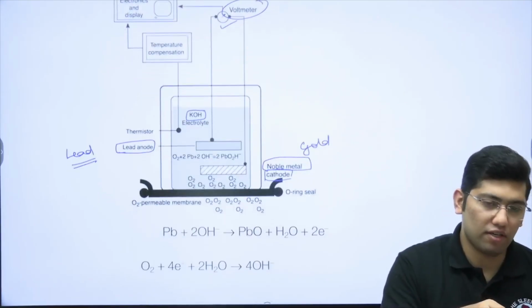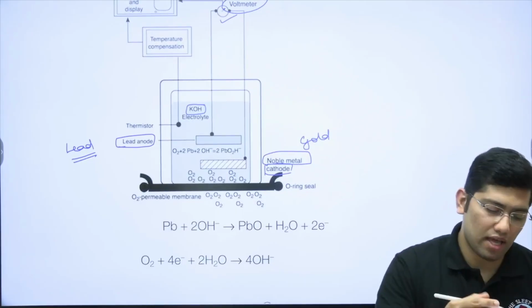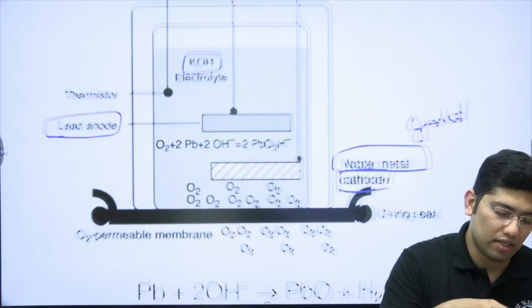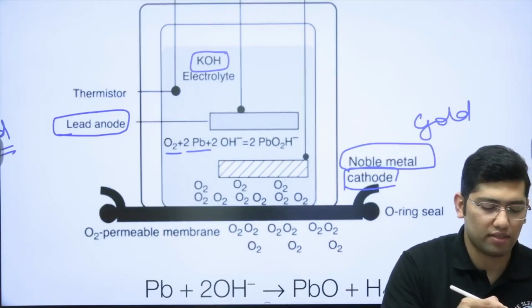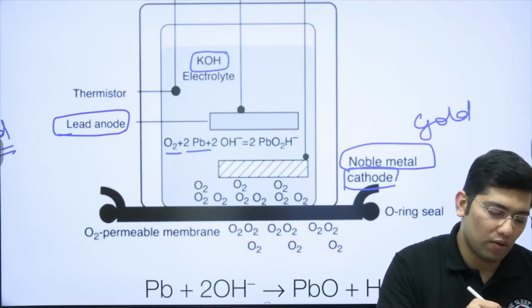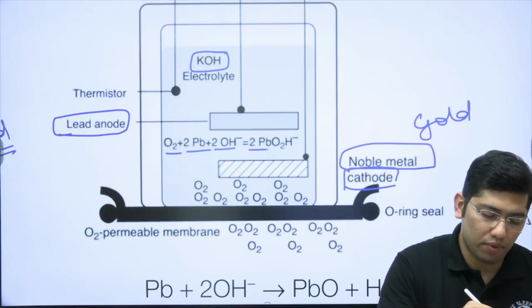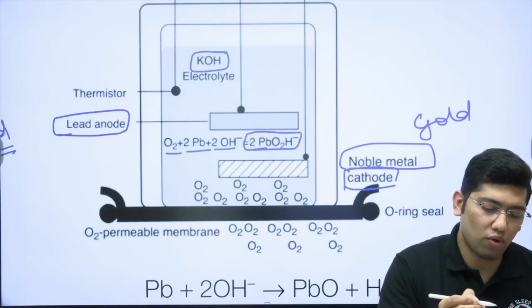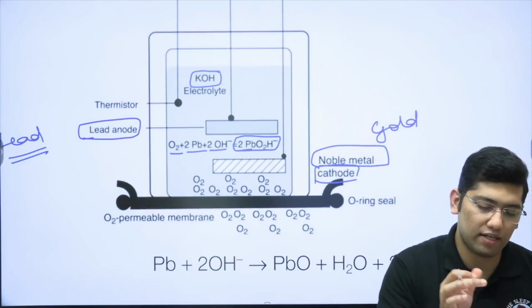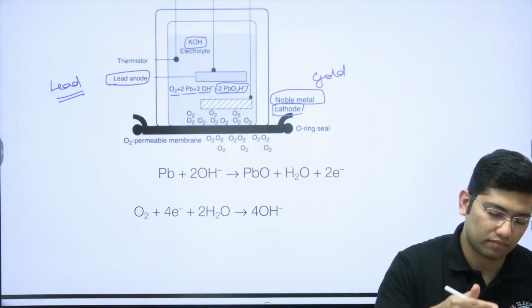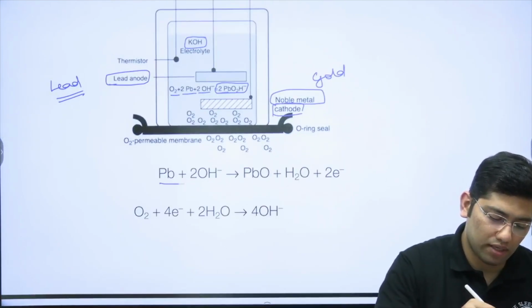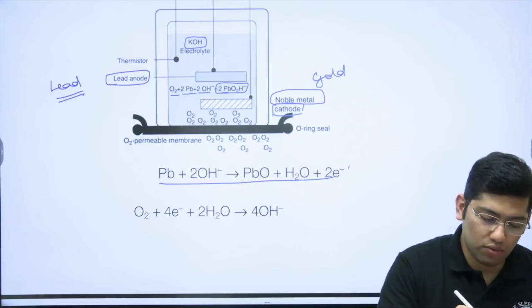Similar reaction, the first reaction happens in the anode, that is lead. Oxygen plus plumbum, that is Pb, with hydroxyl ions produces Pb2O2H minus and electrons. Also, it's written here. So these two electrons.